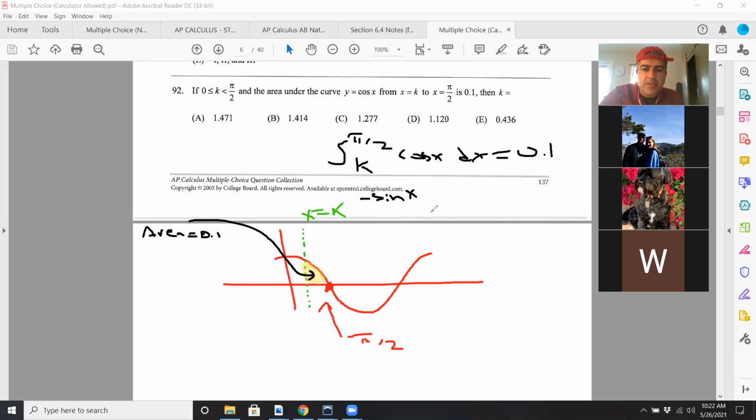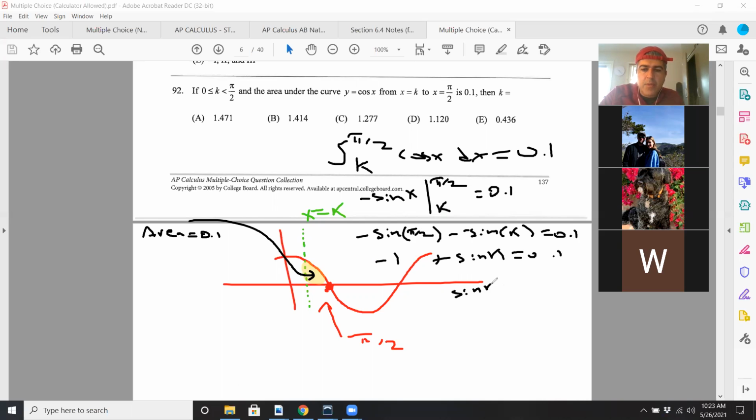So negative sine x, sine pi over 2 I know is 1, so that's negative 1 plus sine k.